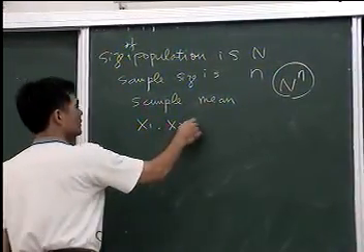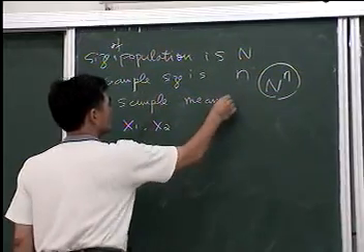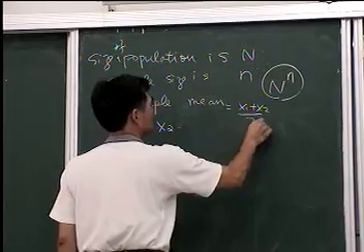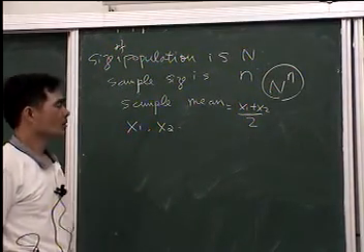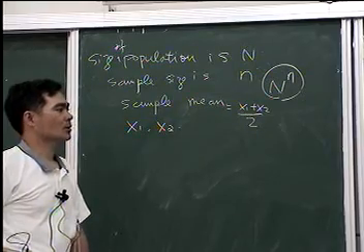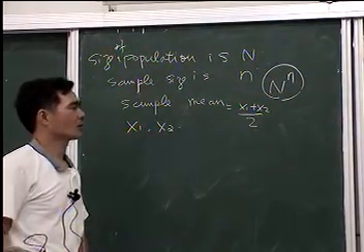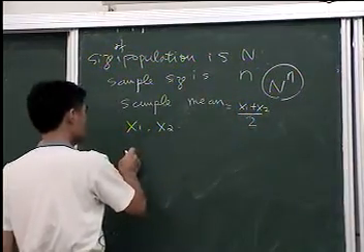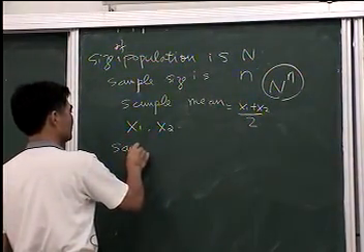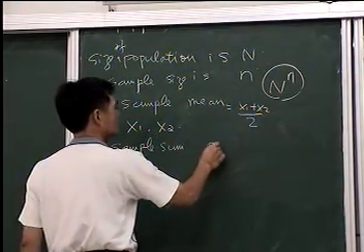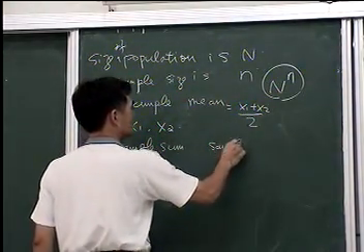So the sample mean will be equal to x1 plus x2 divided by 2, right? Okay? So let us try to figure out how many different possibilities here. So this one can be 2, right? So the sample sum, and then sample mean.